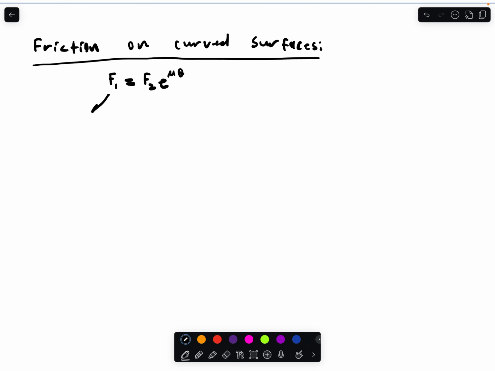So here, F1 is the force being applied in the direction of impending motion. And then F2 is the force applied to resist impending motion.